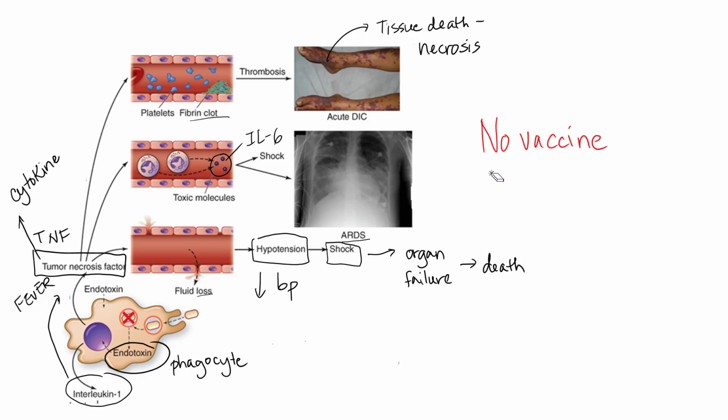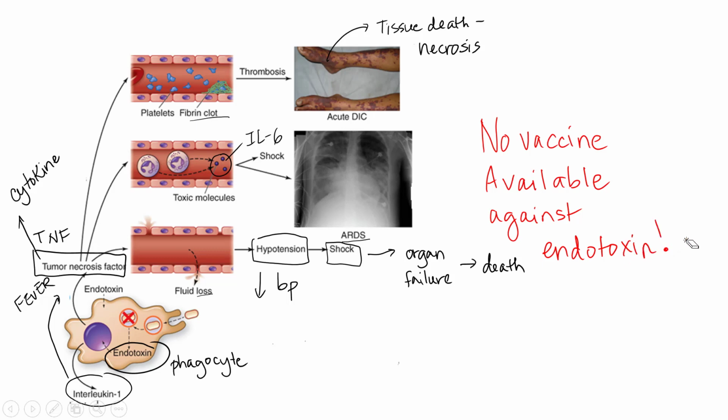So there's no vaccine available against endotoxin. Now, why is that? We discussed that there are vaccine options for certain exotoxins, such as tetanus toxin and diphtheria toxin, but why not against endotoxin?